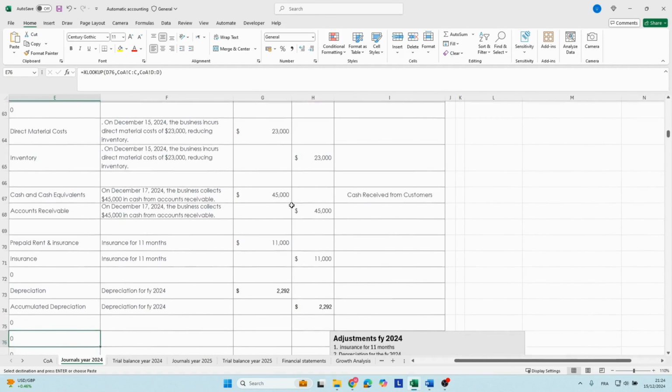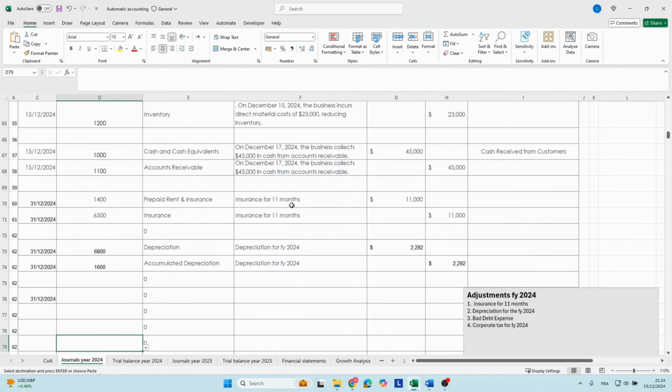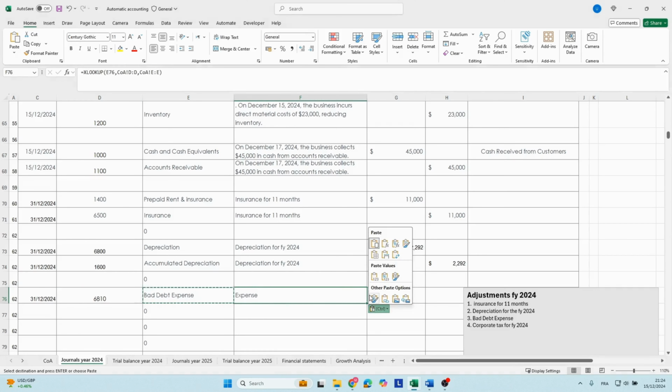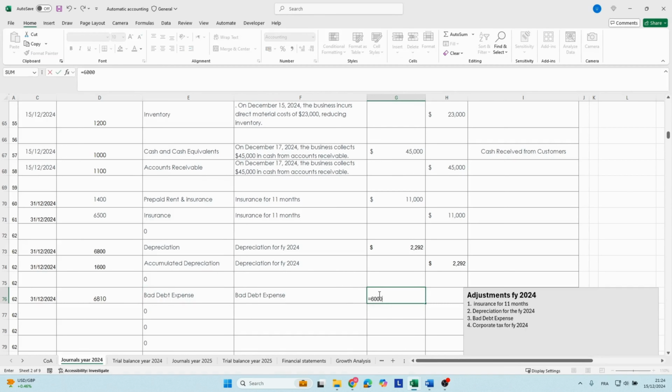So we need to book this transaction, which is part of the adjustment. So this is bad debt expenses for the year. We said that our accounts receivable is 60,000 multiplied by 30%, and we get the value for bad debt. Now we need to book the credit.